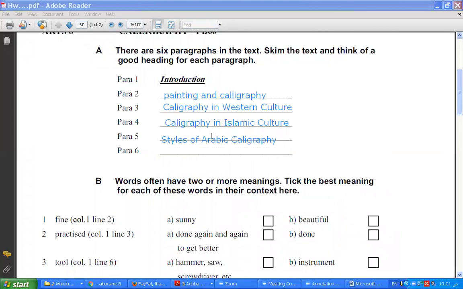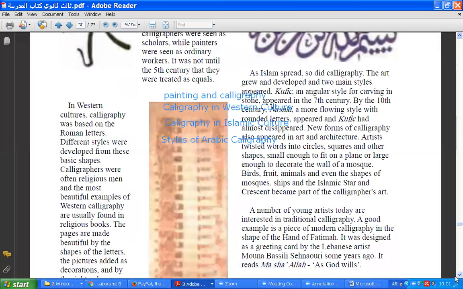He talked about how Arabic calligraphy developed. Yes, you can say Arabic calligraphy or styles of Arabic calligraphy. Now we try to make it as short as possible. Thank you so much.